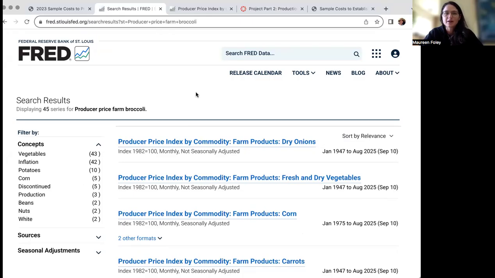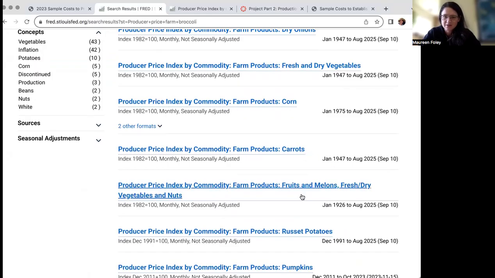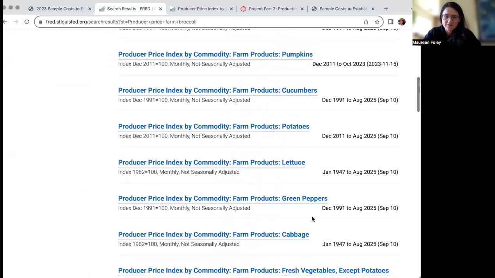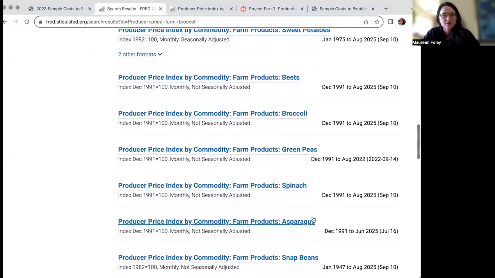Sometimes your commodity will come up at the very beginning of these search results, and sometimes it will not. This is what I mean by their search function not being super great. I think they could use a little help from Google on this, but it will be here. I have checked that all of the commodities have a producer price on FRED. So you might just have to scroll down and kind of scan until you find your commodity. It may be on the second page or something, but here's broccoli.